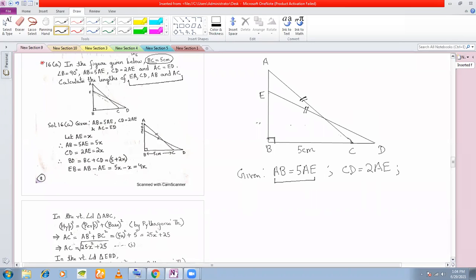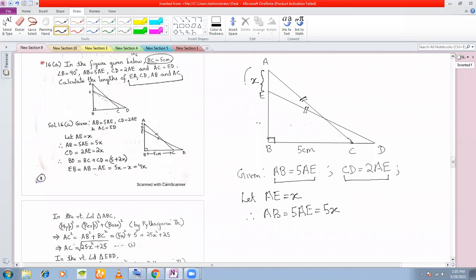Right. So now remember, here you look at this information. AB is given in terms of AE and CD is also given in terms of AE. So what you start with is you start by saying let AE is equal to X. Therefore, what should be AB? Label this also. AE we have taken as X, label this as X. AB is equal to 5 times AE and AE we have taken as X. So this becomes 5X.